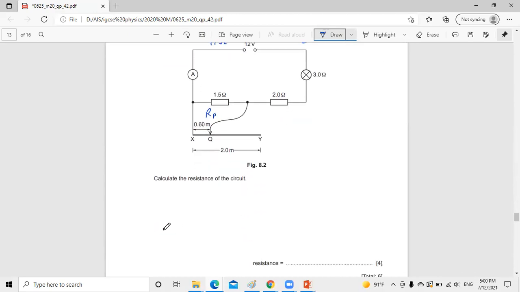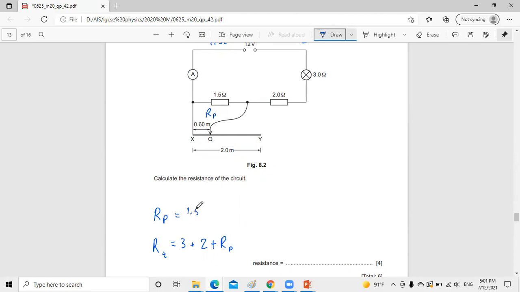To find the resistance of the whole circuit, R total or R combined equals 3 plus 2 plus 3 plus 2 plus R parallel, which we have to find. R parallel is equal to the product of the first resistor and the second resistor divided by their addition.